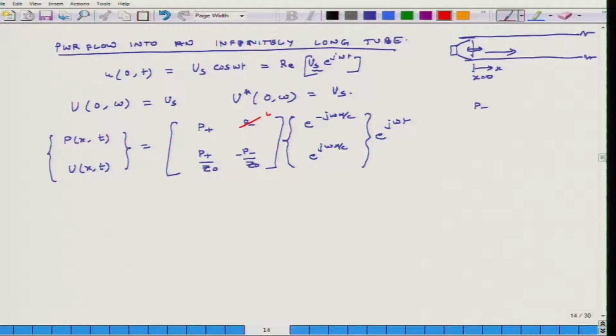So, I can modify this equation by putting P negative to be 0. This is my equation for an infinitely long tube.